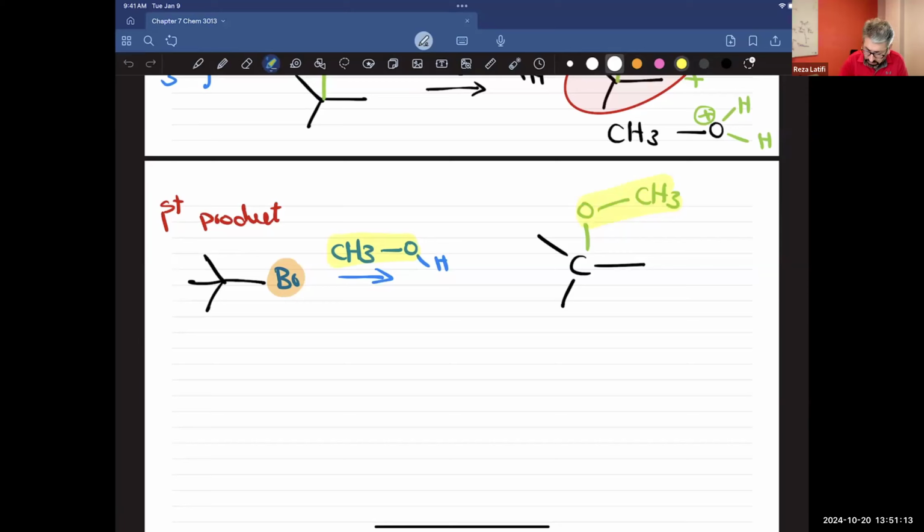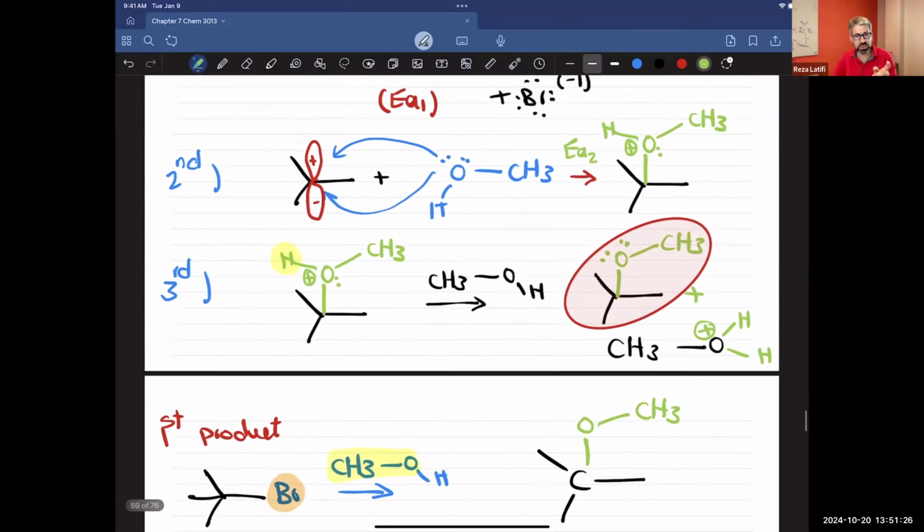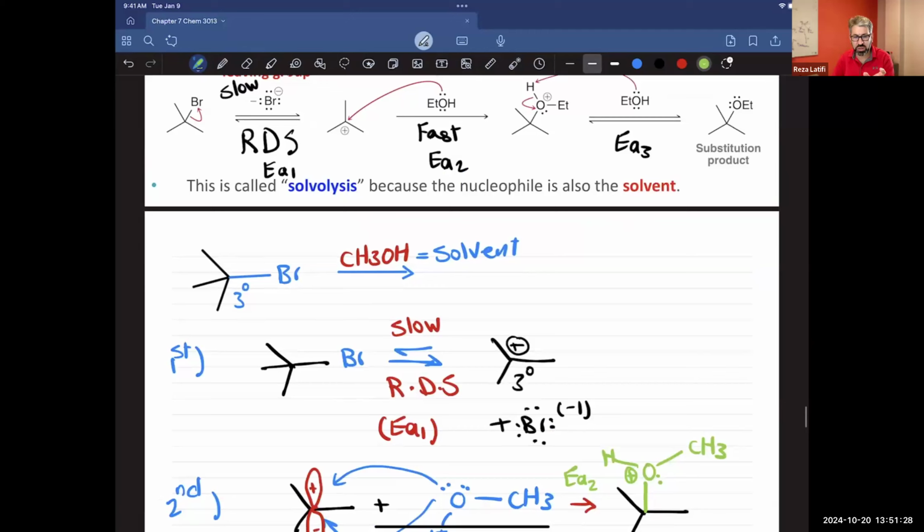So I'm going to say the rate of the reaction is going to be equal to k multiplied by the only thing that I do care about here, that affects the rate of the reaction, which is the concentration of the starting compound. Why? Because that step is the slowest step.